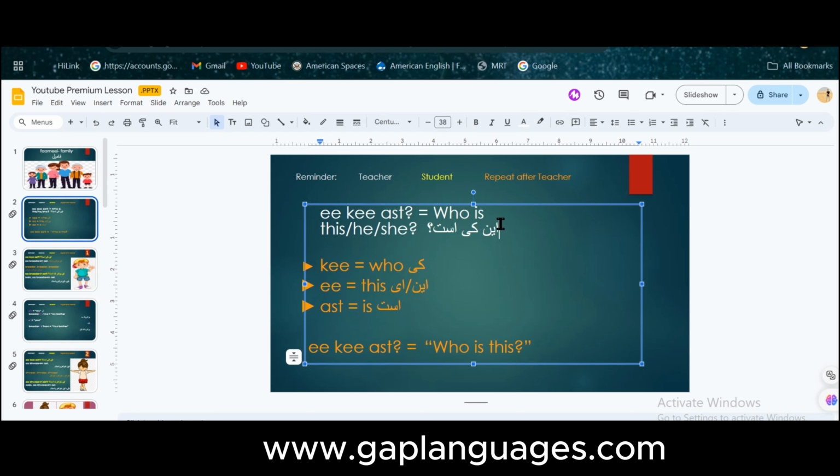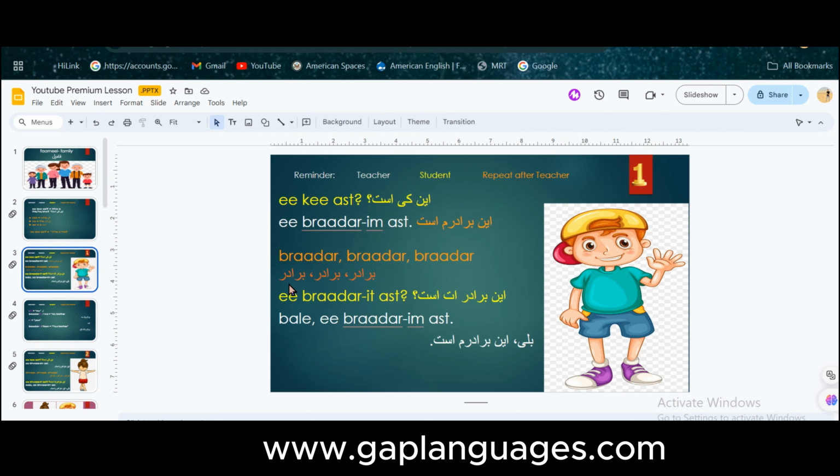On textbooks, you'll definitely see something like this, in kiast, other than ikiast. Here, ki is who, I is this, ast is. So you can repeat it: ikiast. Who's this, or who's he, or who's she? Ikiast. Alright, let's go to the next page.